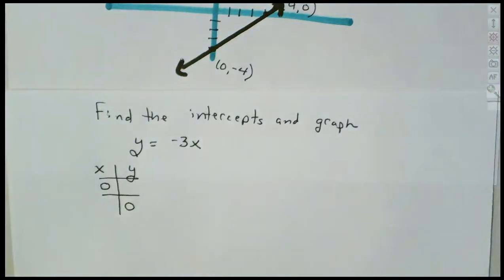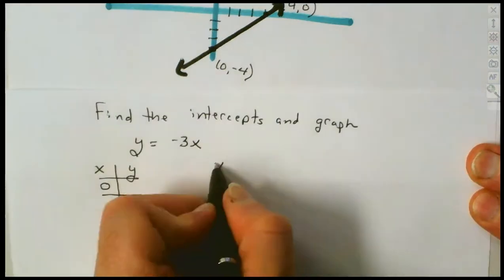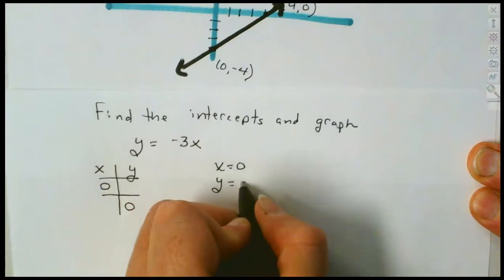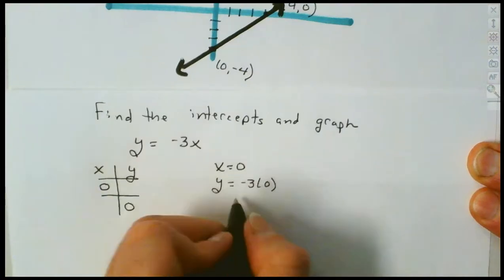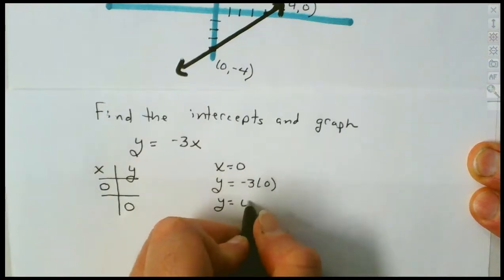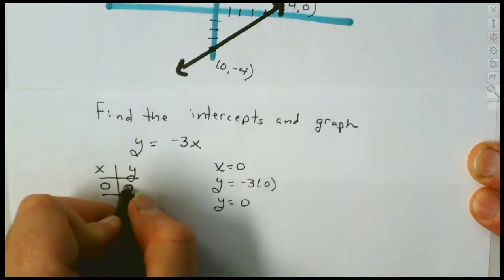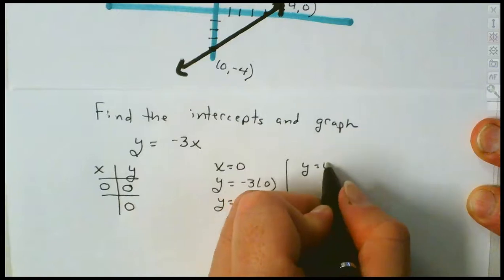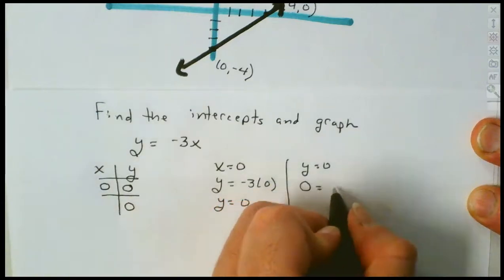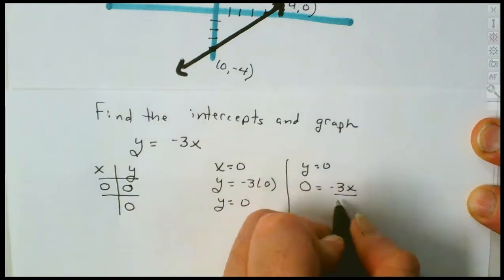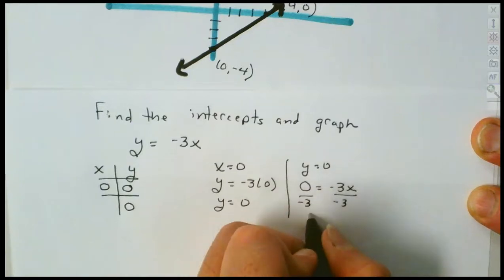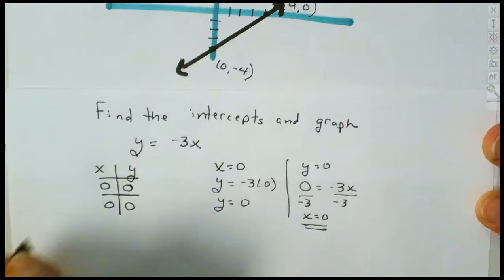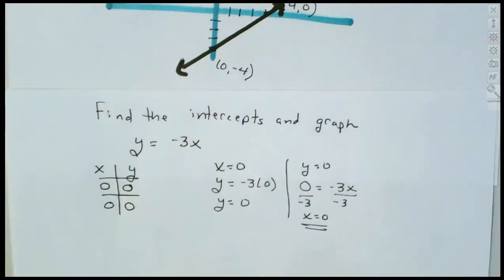Because if I plug in x equals 0, then I get y equals negative 3 times 0, which gives me y equals 0. If I plug in y equals 0, then I get 0 equals minus 3x. And again, what do I get for my x? I get x equals 0, right?